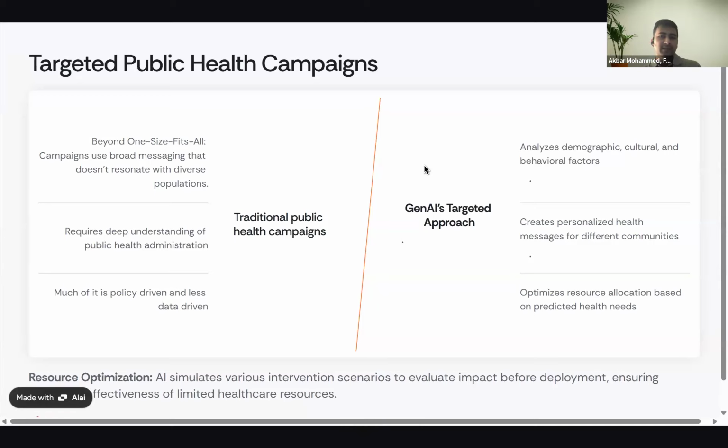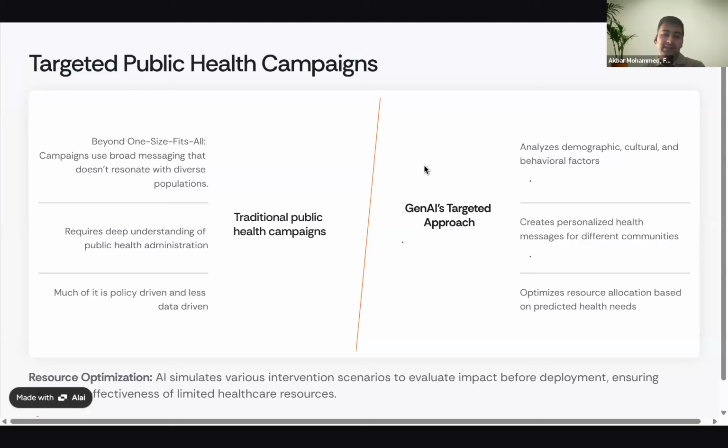These are basically public healthcare campaigns, and you will still see posters of these being run. The way they work is you first identify that this is a public emergency and it needs attention, and then you create a one-size-fits-all campaign. You broadcast that across the nation and get people access to that care.